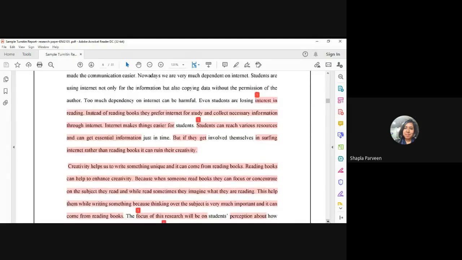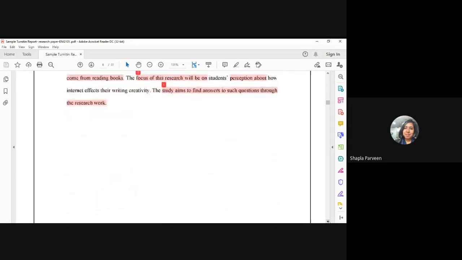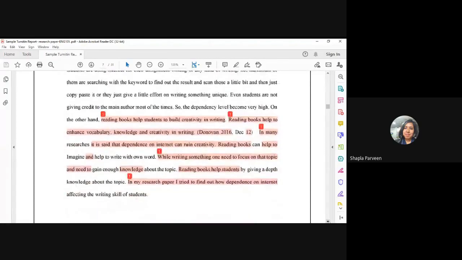So you can see here a lot of plagiarism. Okay. Background here again, because probably the paraphrasing hasn't been done properly. That's why it's showing. You can see the highlighted part is showing like this.